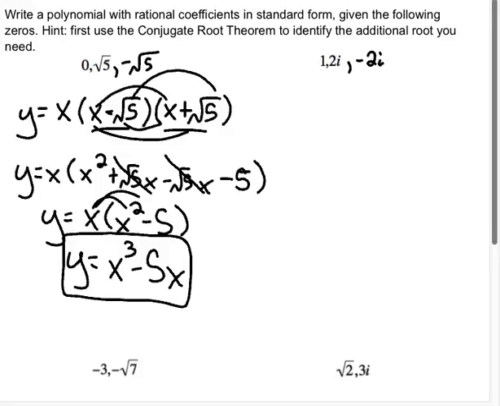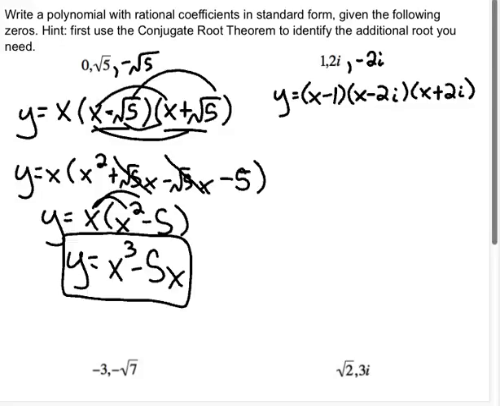So first, always recognize, do I need an additional solution? Do I need an additional root? Once you do, now you can go through and you can make all of the factors.